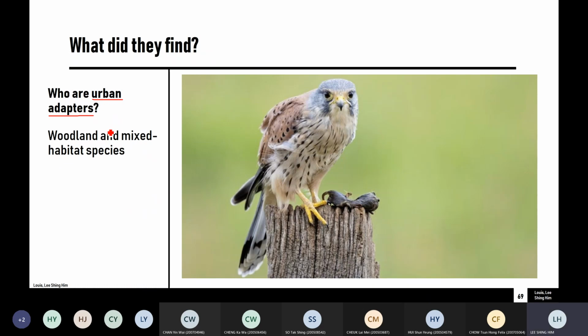So who are those urban adapters? One example is this. This is a kestrel. I hope the memories are still with you. In Chinese, it is called 紅隼, okay? You remember in the last lecture, I told you that this species can hover.